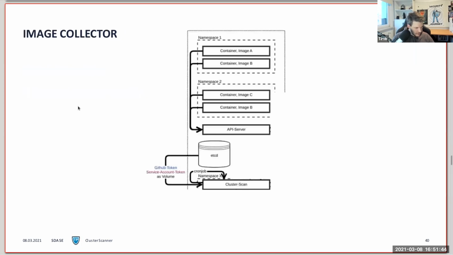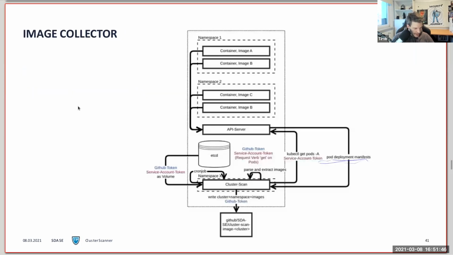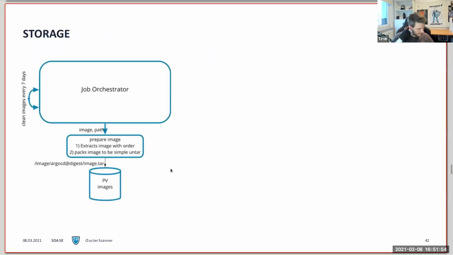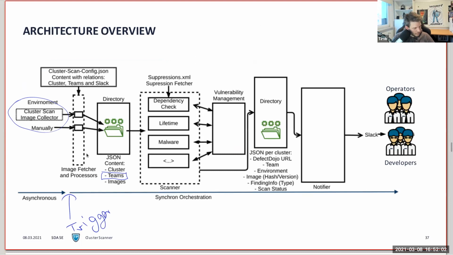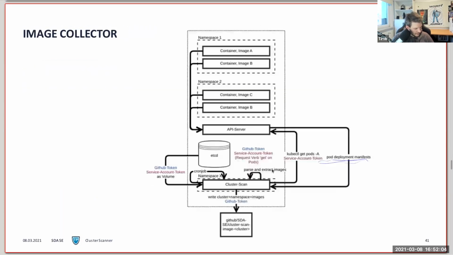We took a look already at the image collector. You can see here on the picture that I also thought about what credentials need to be there to actually fetch something. Now we are coming to the storage. When you take a look here, you can see how all these connections are getting done.